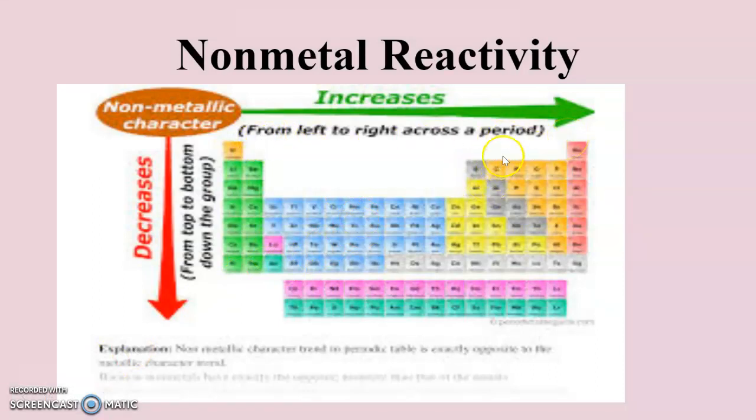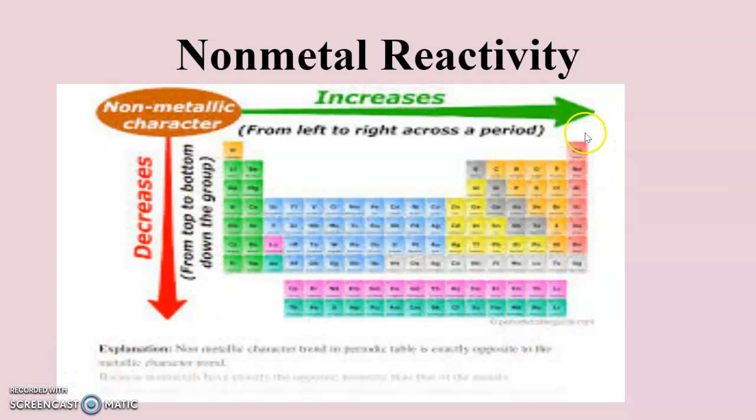This makes sense, especially in group 17 or 7A, the halogens. The halogens are very reactive because they only need one electron to fill their outer energy shell, so it's very easy for them to take that electron, especially from an alkali metal. So these are very reactive, and it decreases from top to bottom.